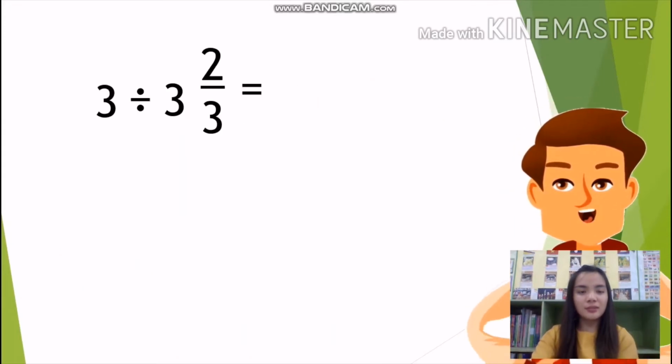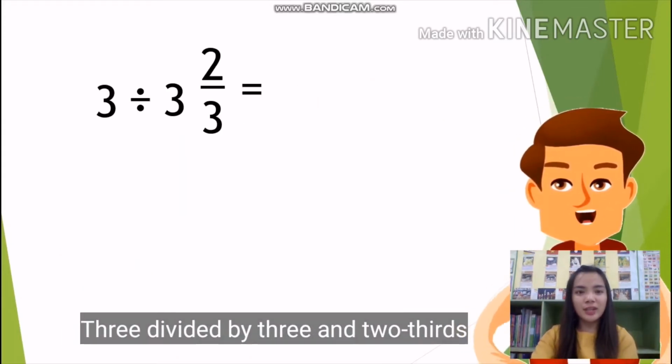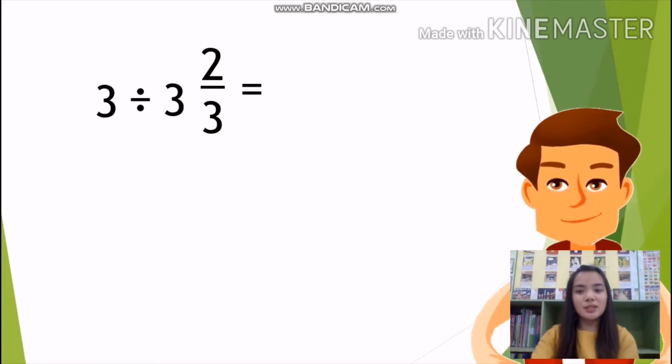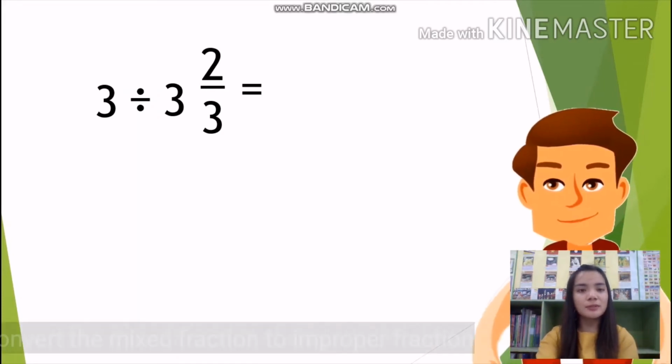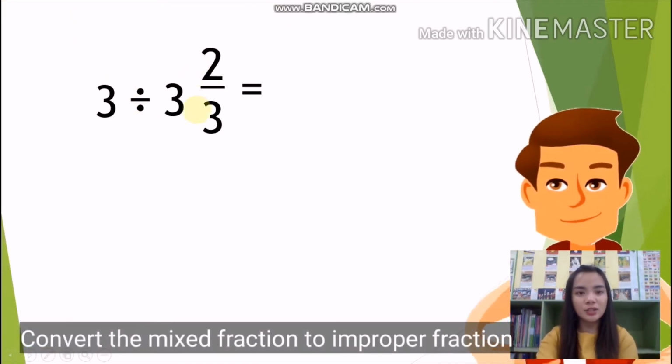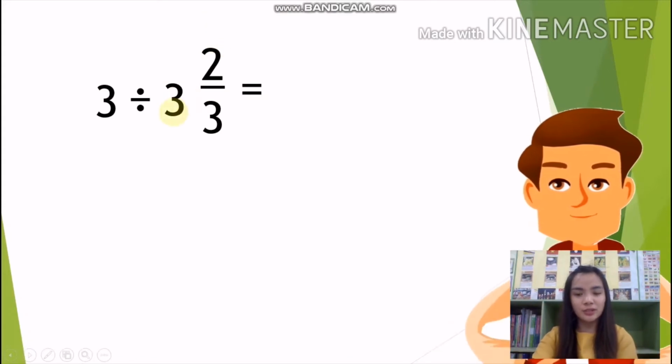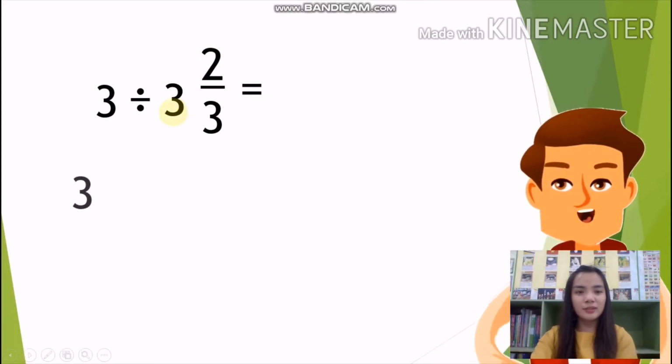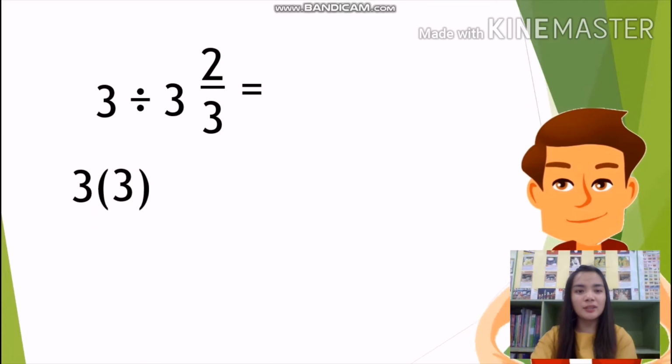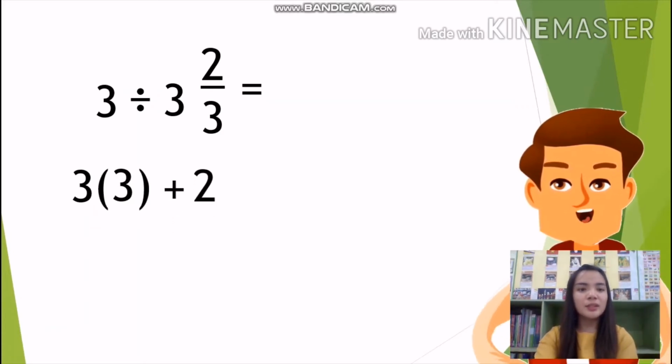Let's try to look at a mixed fraction. So we have 3 divided by 3 and 2/3. So first thing that we're going to do when it is a mixed fraction, we're going to convert our mixed fraction into an improper fraction. So we have 3 multiplied by 3 plus 2.